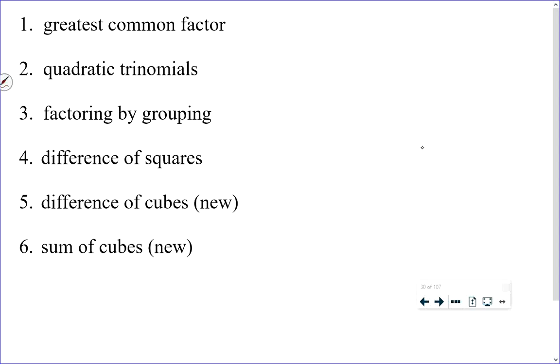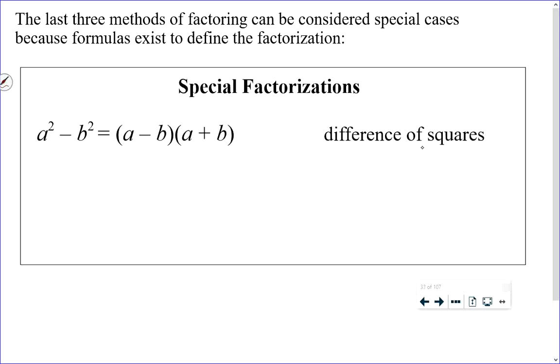So the last three methods of factoring, difference of squares, difference of cubes, sum of cubes, are, I think, things that you just memorize. I hope you would agree that that's a memorization thing. I don't know too many people that if they were asked to factor p squared minus 16, would think, oh, it's p squared plus 0p minus 16.